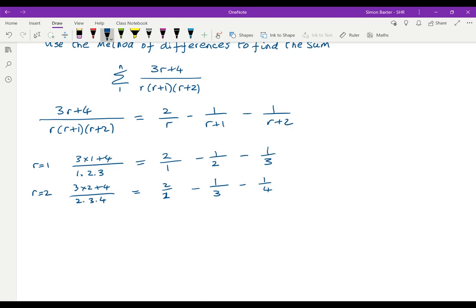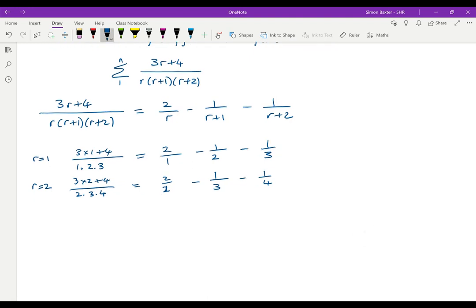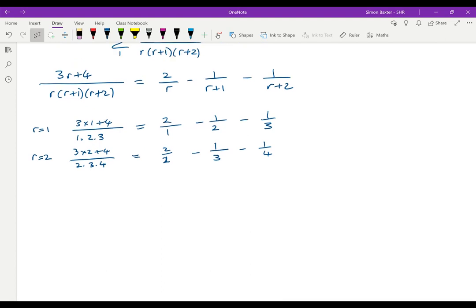Leave it as 2 over 2, and so on, extra lines coming up. R equals 3. 3 times 3 plus 4 over 3 times 4 times 5 is 2 over 3 minus 1 over 4 minus 1 over 5.